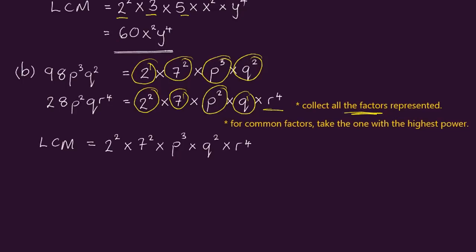So we then simplify this, and what do we get? We get 196 p cubed q squared r to the power of 4 for our LCM. And I hope you got the answer correct. So I'm going to be giving you more examples to work out so that you have more practice on how we look for the LCM.